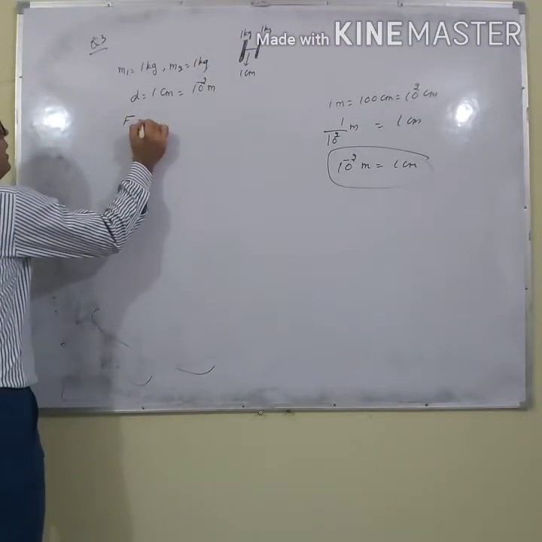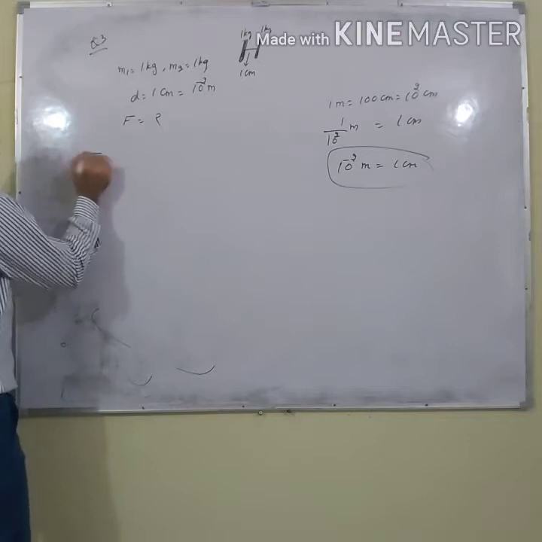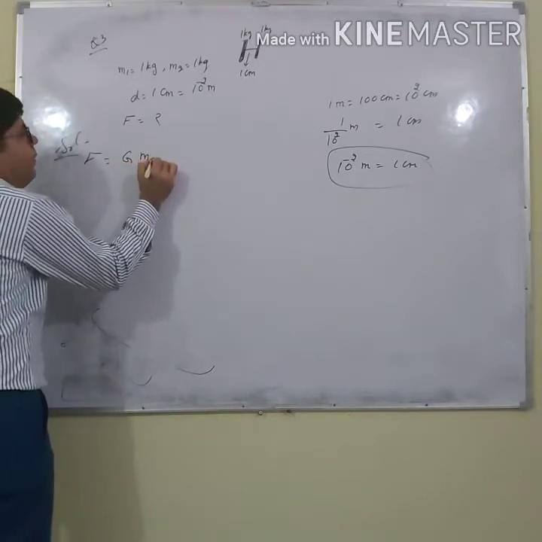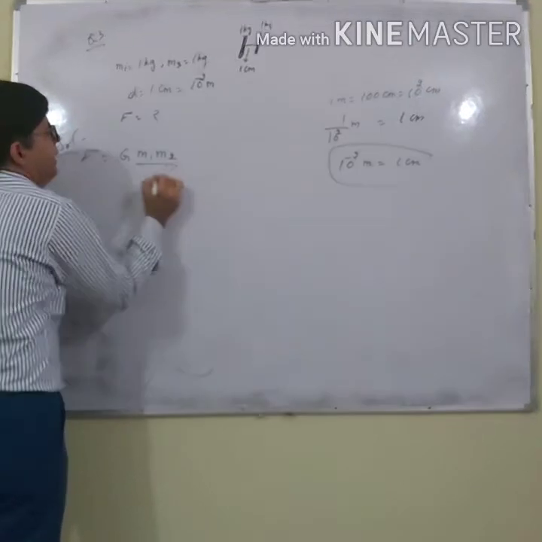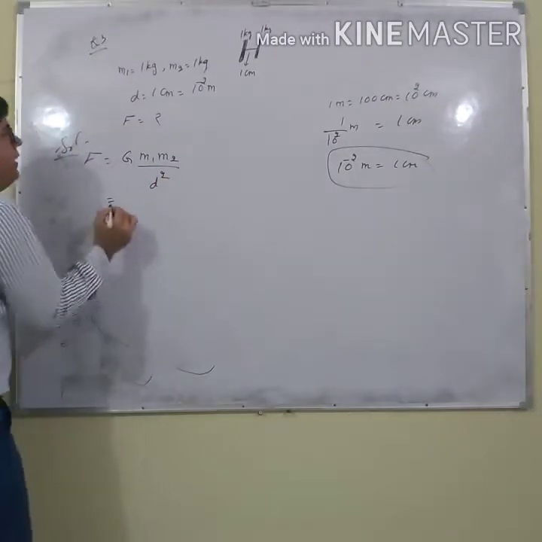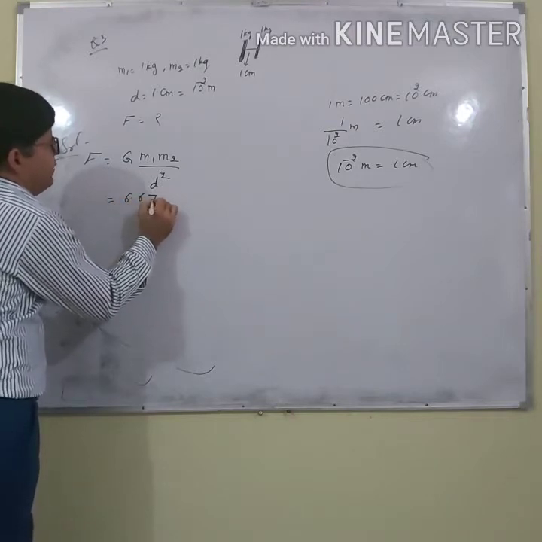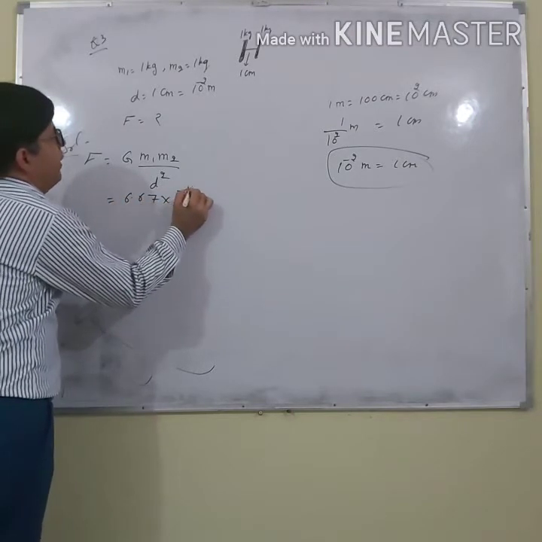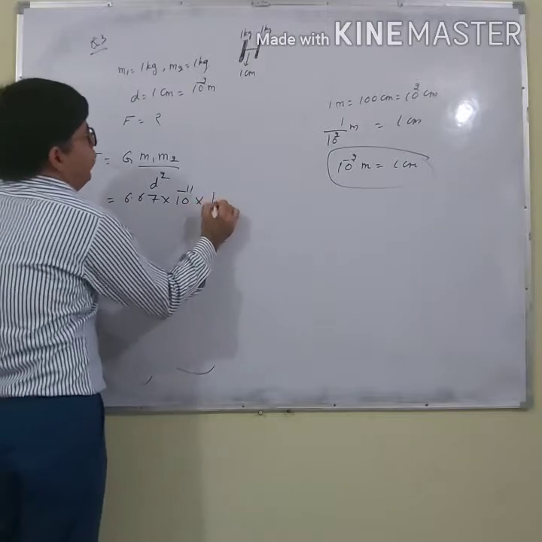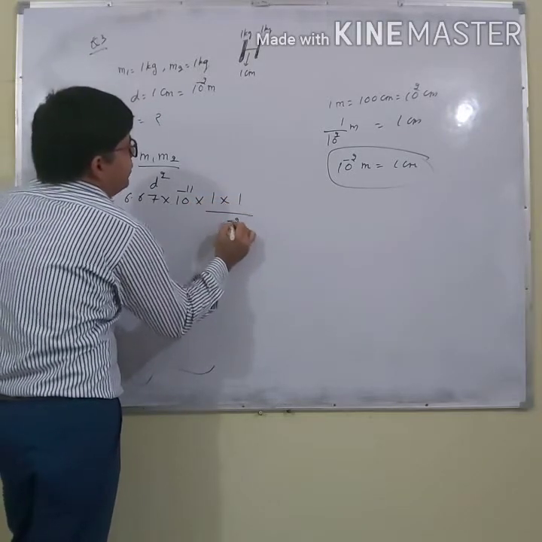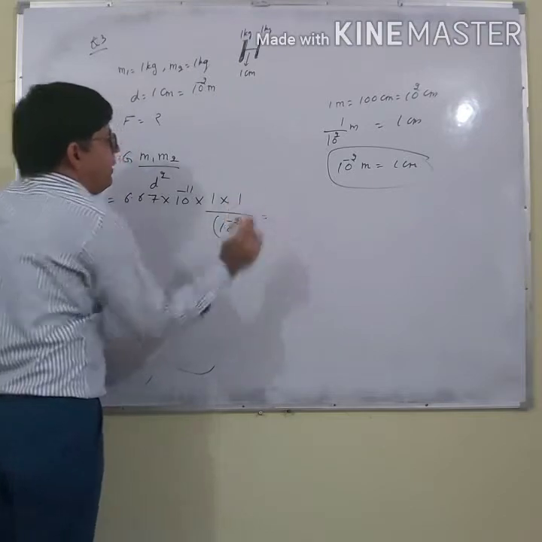Now let's calculate the force. Solution: force is capital G m1 m2 by d square. What is capital G? Capital G is 6.67 times 10 to the power minus 11, and 1 multiplied by 1, over 10 to the power minus 2 whole square.